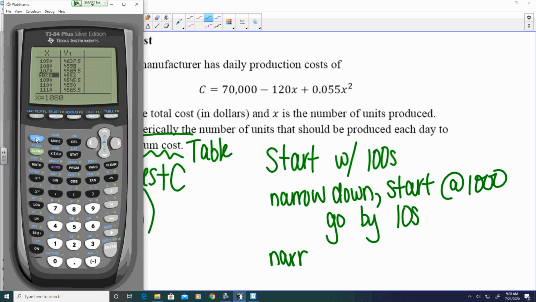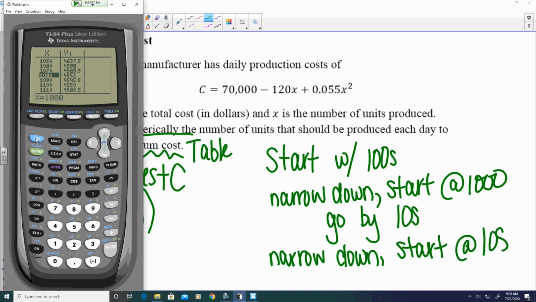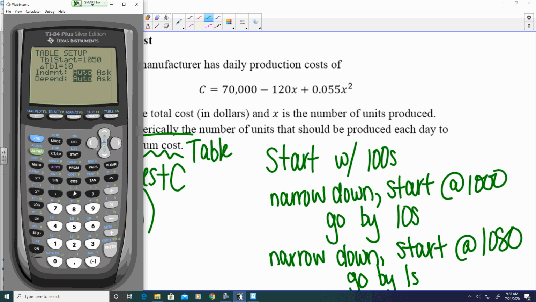And this time we're going to start at, I think, 1080, and go by ones finally so we can get the exact value, and scroll until we see the bottom out.